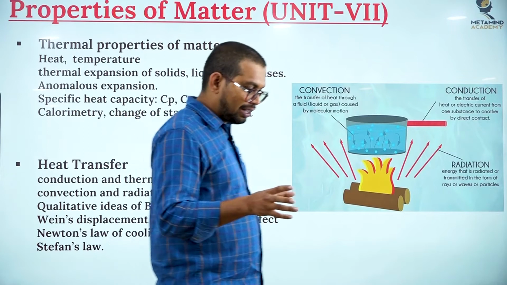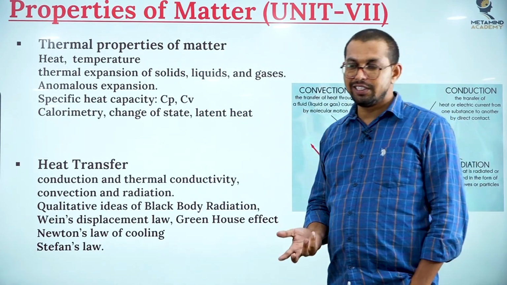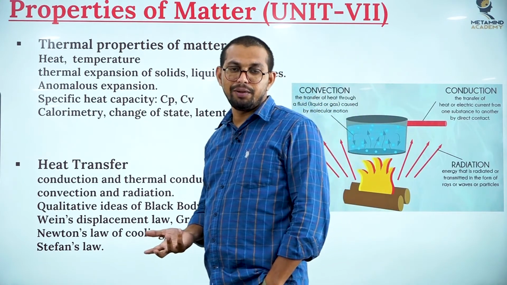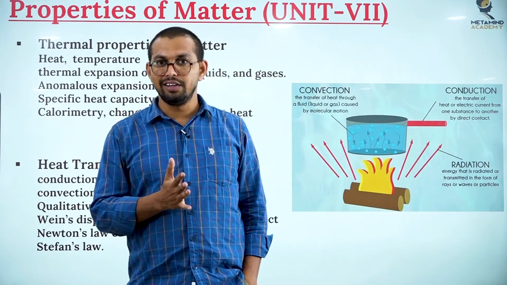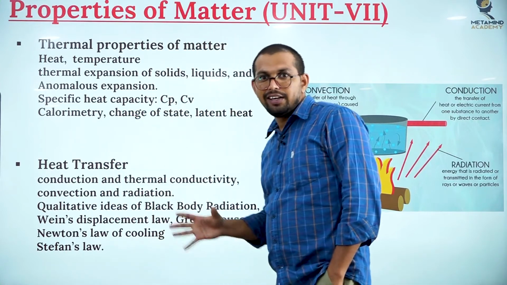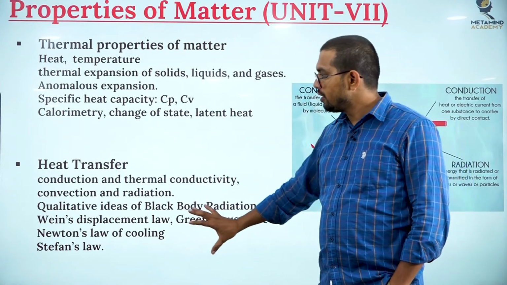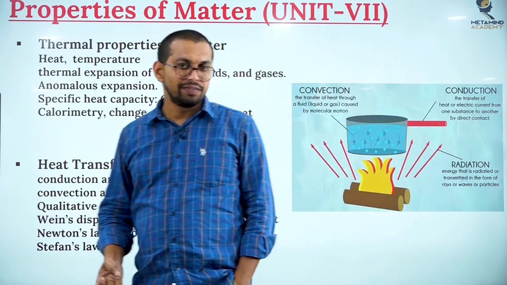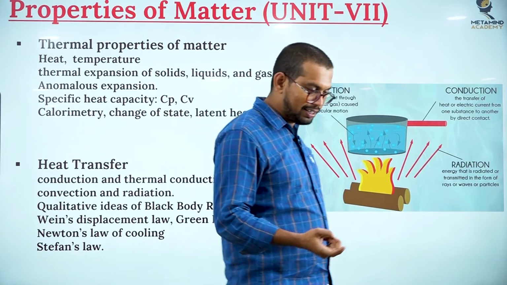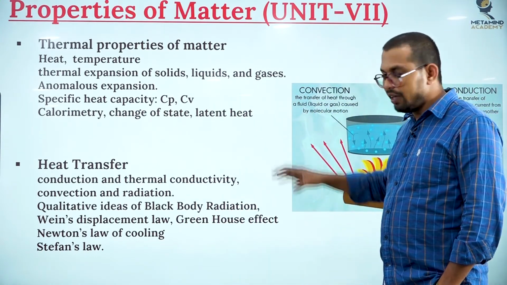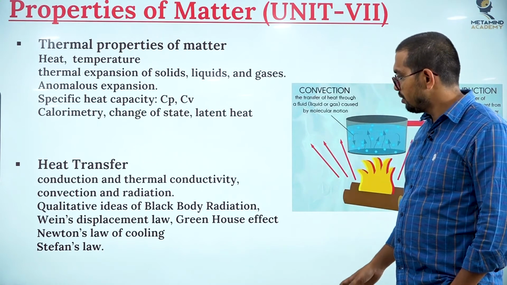How it takes place, why it takes place, at what rate, and what the ways are for a particle to transfer heat, all these categories will be discussed in the heat transfer concept. Basically heat transfer takes place in three ways: conduction, convection and radiation. Everything will be dealt with clearly.